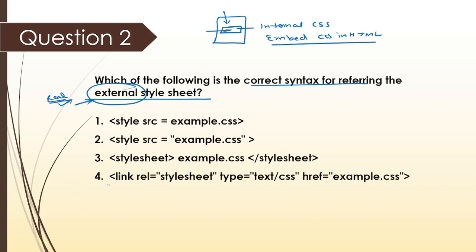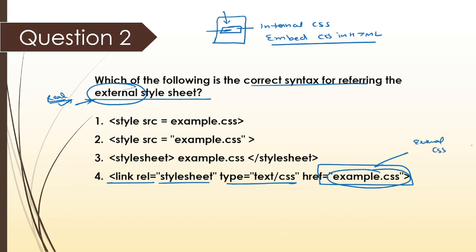For an external style sheet, you should always use link rel style sheet, type text CSS, href example.css. Here example.css is the external cascading style sheet file name.